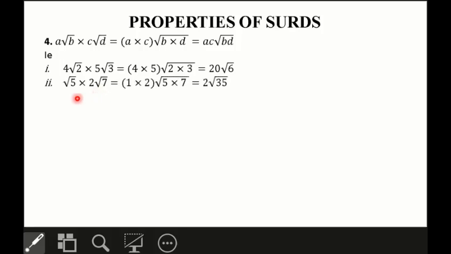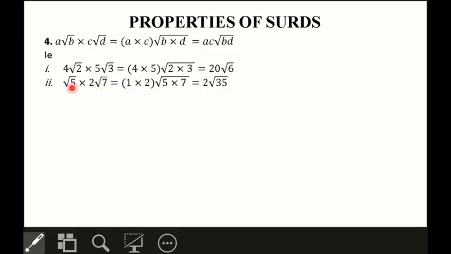Then, if I have the root of 5 times 2 root of 7, for these two expressions over here, this root 5 has a coefficient of 1, but it has not been written. So what we do is that when we are multiplying these two expressions, the coefficient in front of the root of 5, which is 1, will come and multiply the 2, as shown in the expression over here as 1 times 2.